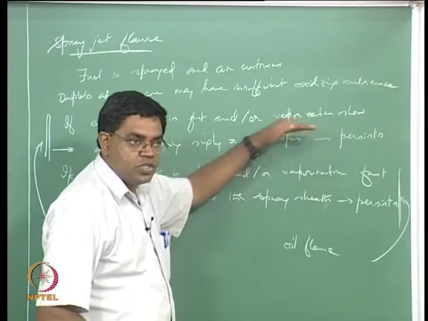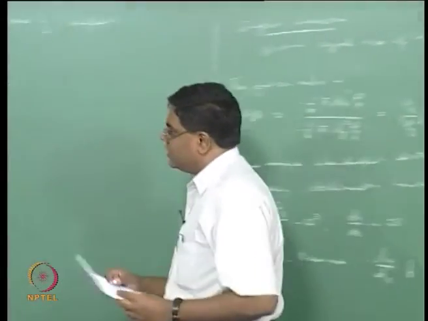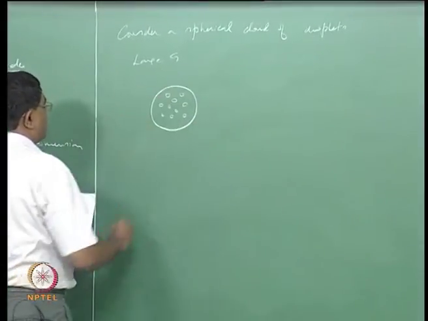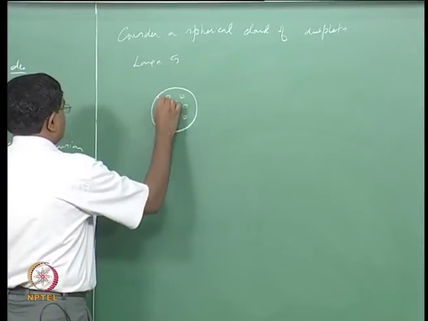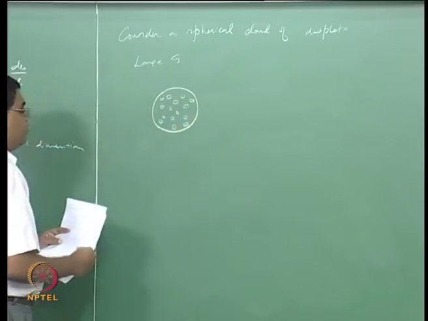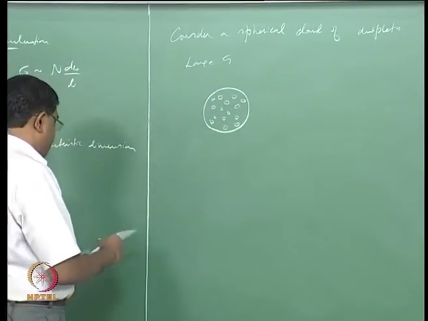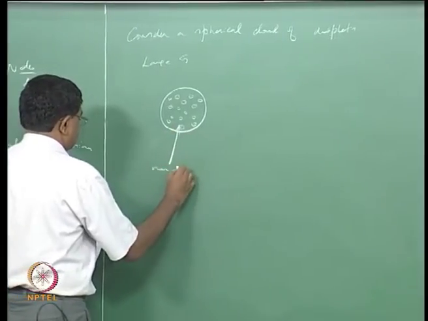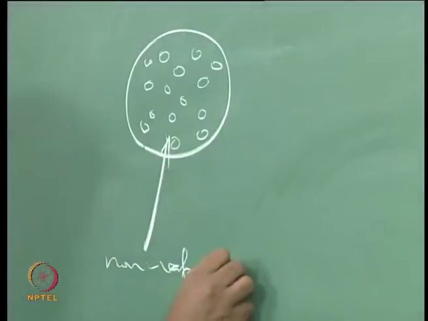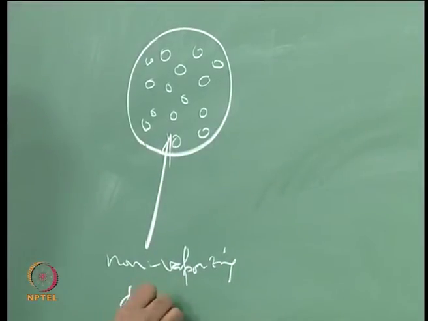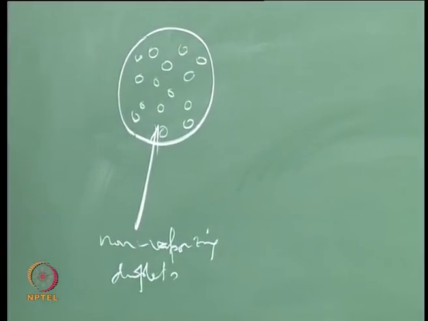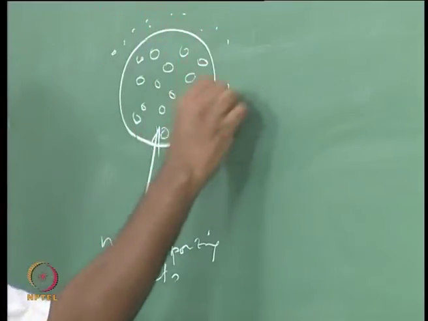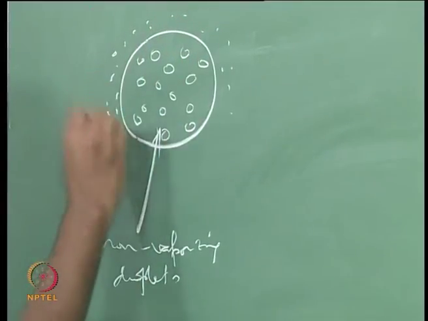If you have a slow vaporization situation, then let us suppose that you have an imaginary spherical boundary of non-evaporating, non-vaporizing droplets, and outside of it you have smaller ones which are evaporating droplets.